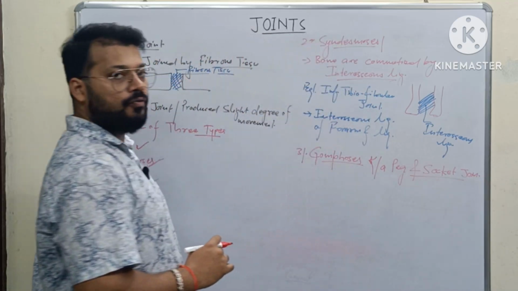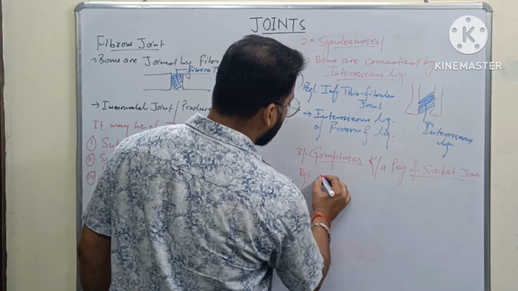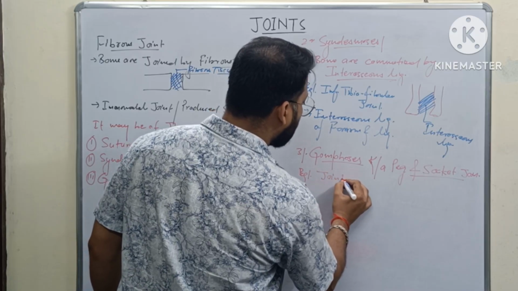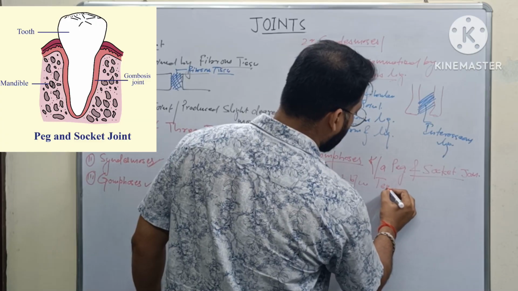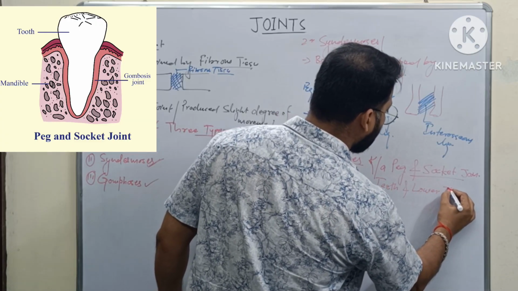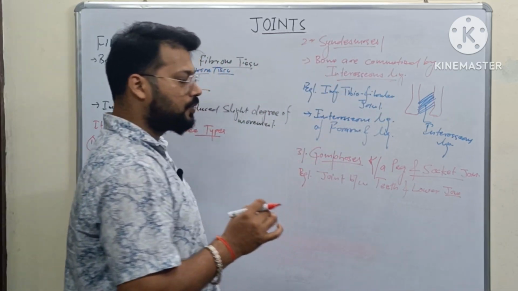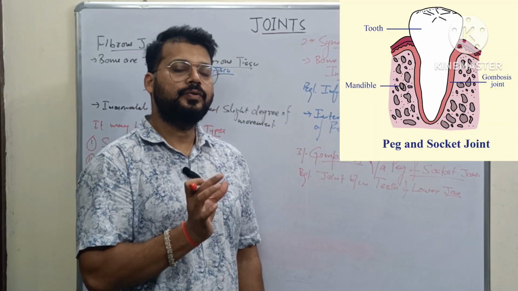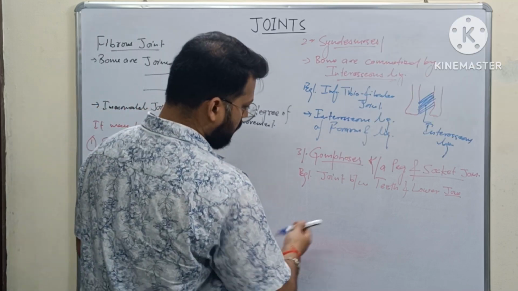And the example of gomphosis is joint between teeth and lower jaw. यहाँ पे क्या होता है, जो root of the teeth होता है, it is fit into the socket of the lower jaw. अगर मैं डायग्राम ड्रॉ करूं तो कुछ ऐसा बनेगा.